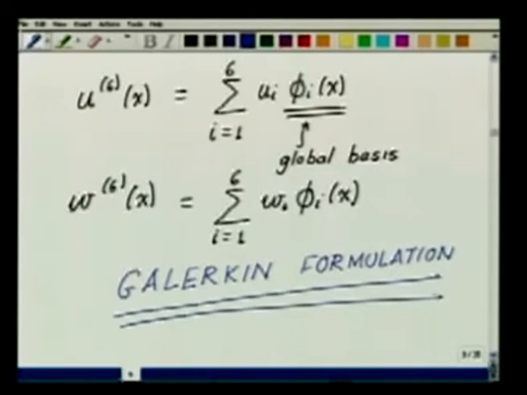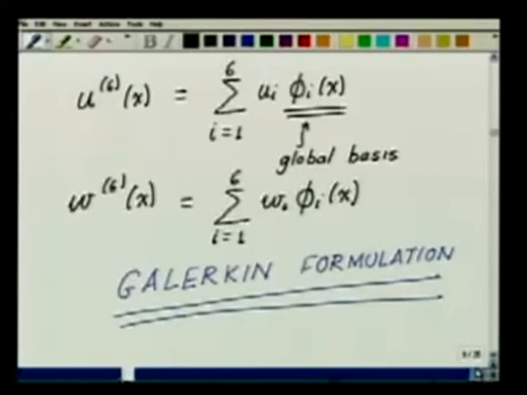So what we are going to do throughout this course is use the Galerkin formulation. Now, we have this representation for u and for w. Now the question is, we need to find these coefficients ui. Just like we did earlier, the same question arises again. So how do we find the coefficients ui? We put this representation back in our weak formulation.